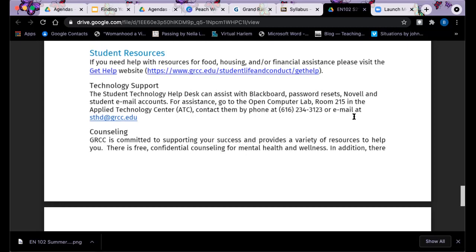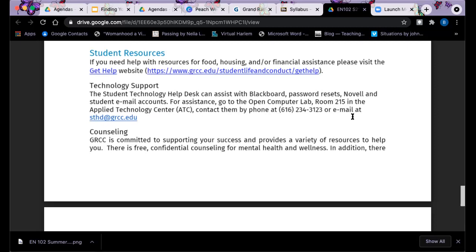The resources are there, and they will help you get the resources you need. So, don't feel bad about that. They give out a lot of stuff for GRCC students. Like, it's real.